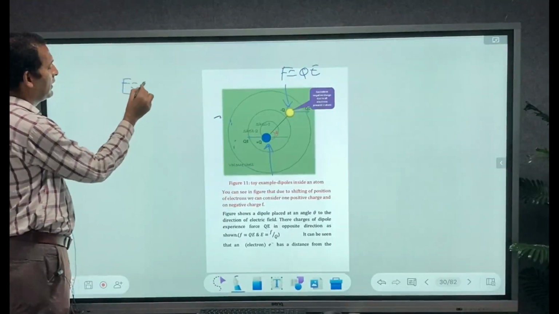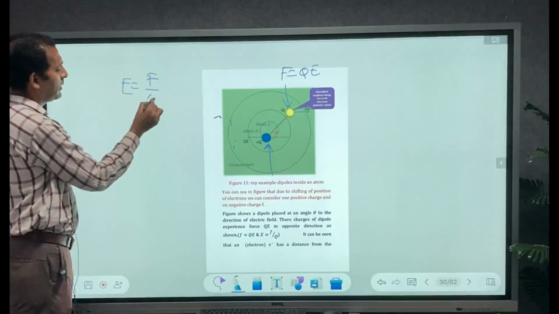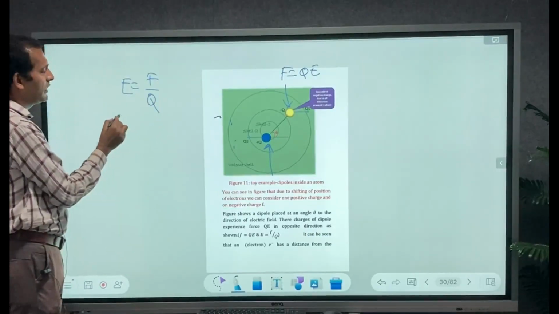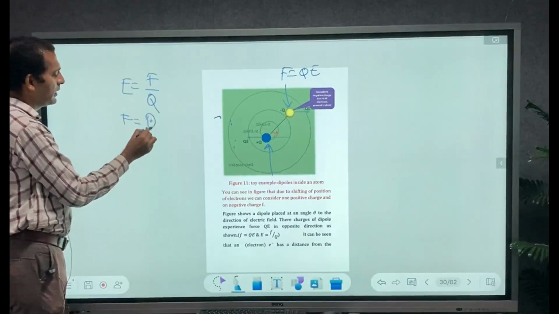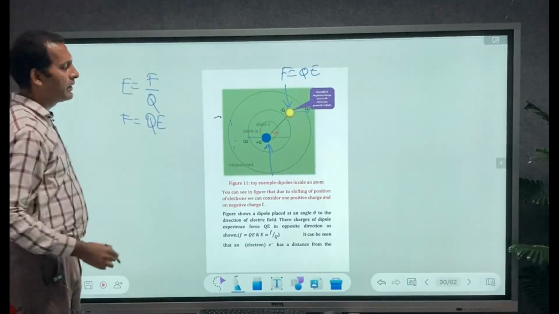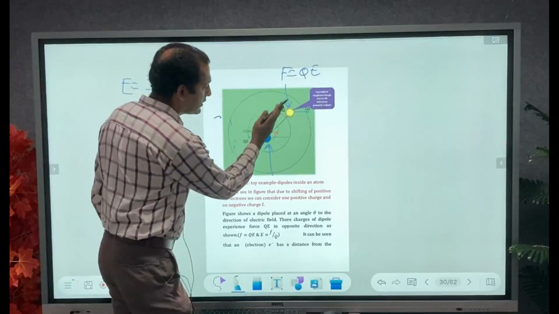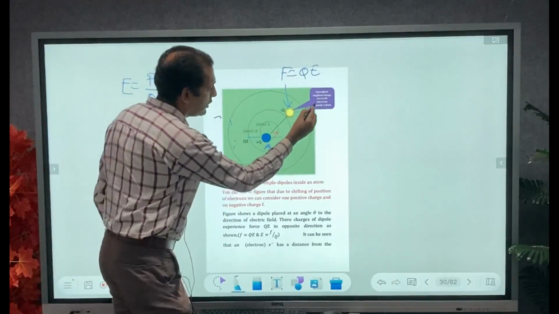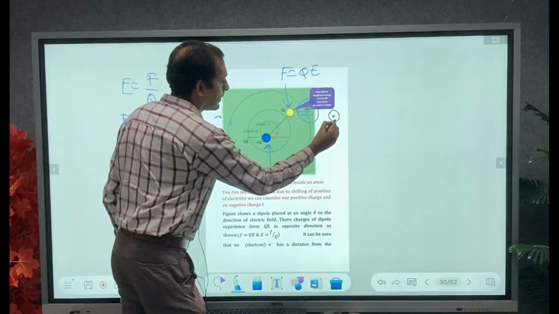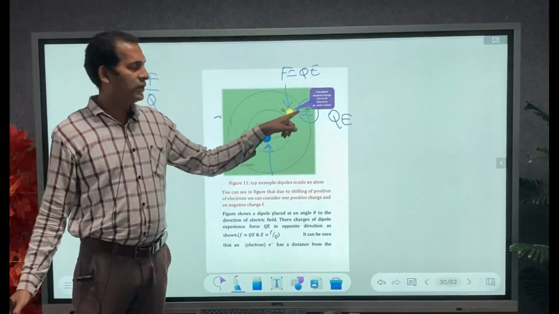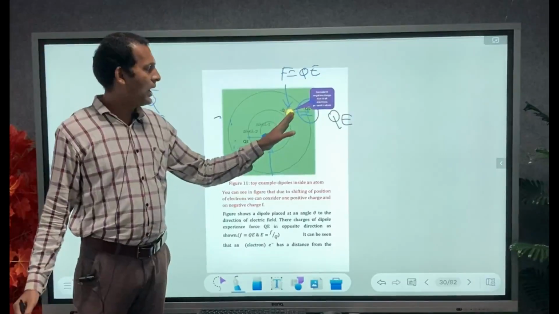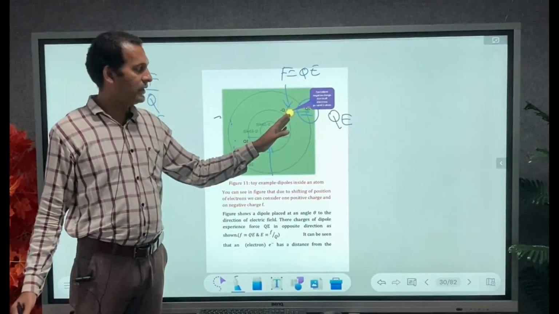What is electric field intensity? Force per charge. So from here we can say the force applied is nothing but charge times electric field intensity. So there is a shift due to this QE, which acts on the equivalent negative charge because of the high electric field intensity.